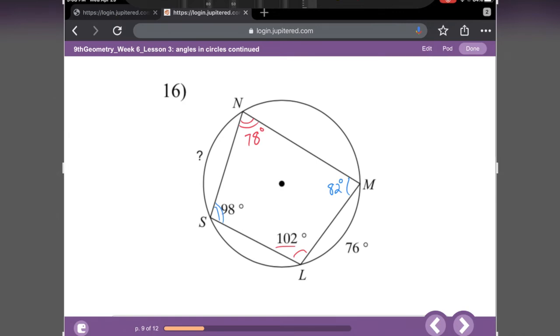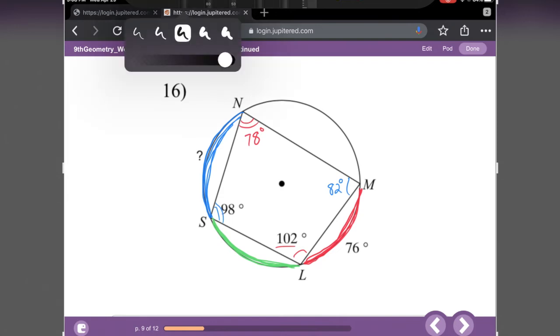Now let's figure out what information we have and what we're trying to find. We're trying to find this. Let me color in this arc that's right next to it, and maybe I'll also color in this arc right here. So this will be kind of a two-step problem. Before I find what the blue arc is equal to, maybe I can figure out what the green arc is equal to.